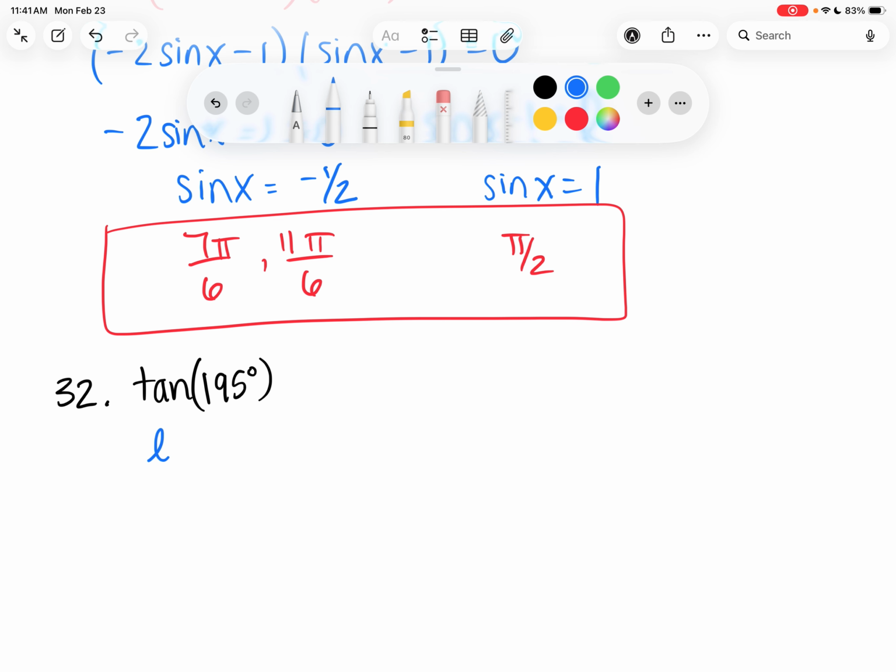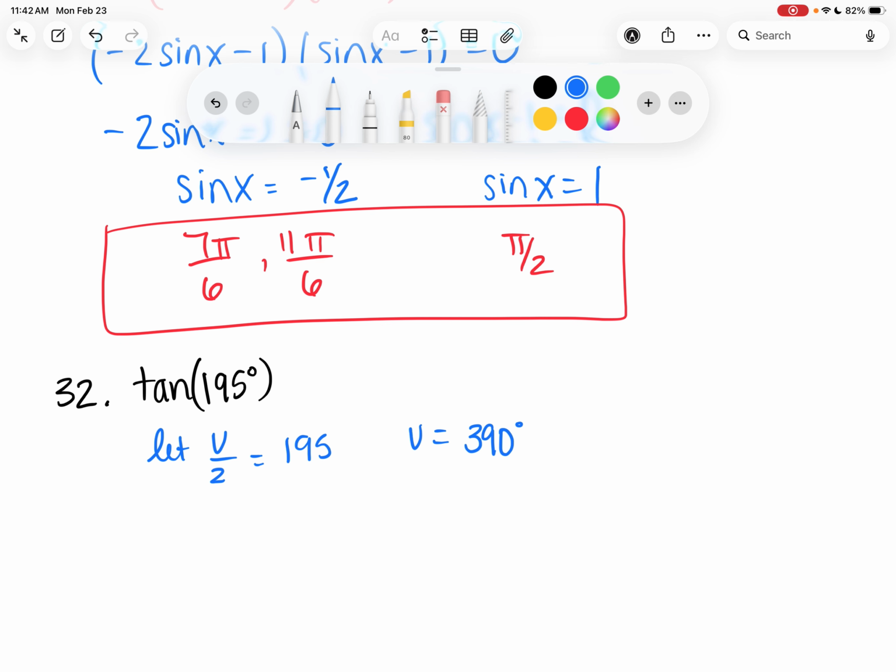So we're going to say let u over 2 be equal to 195. Then u is equal to 195 times 2, which is 390. So u is going to be 390 degrees.